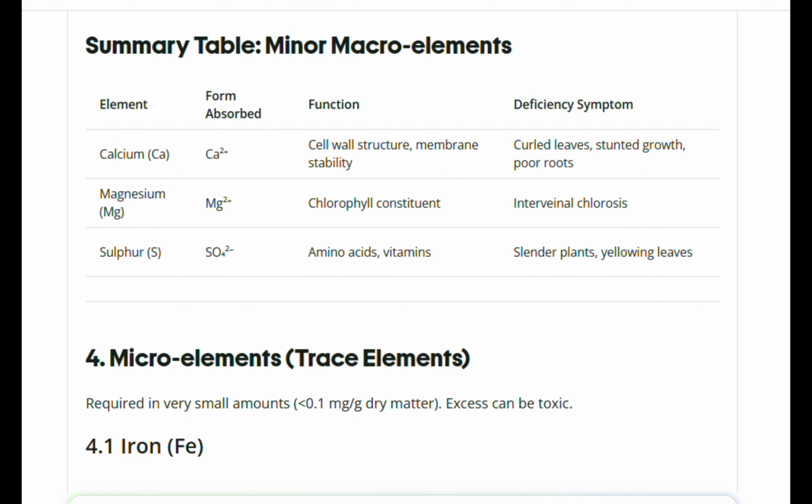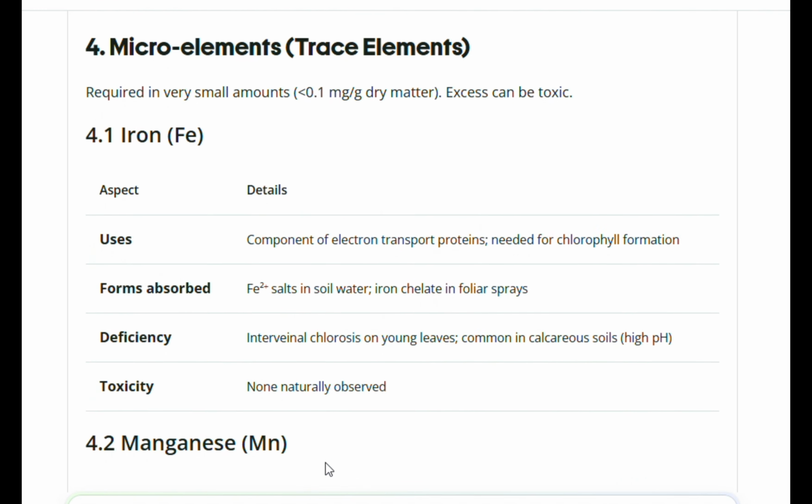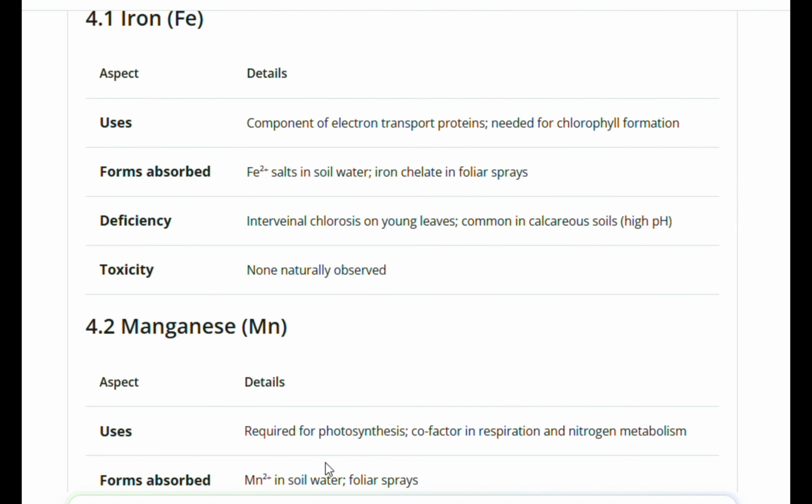We have iron, with the symbol Fe. It is a component of electron transport proteins, and it is needed for chlorophyll formation.